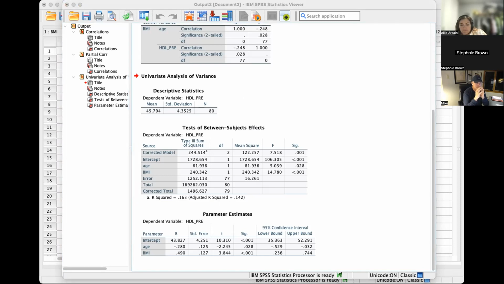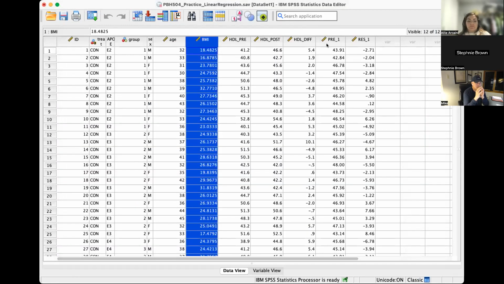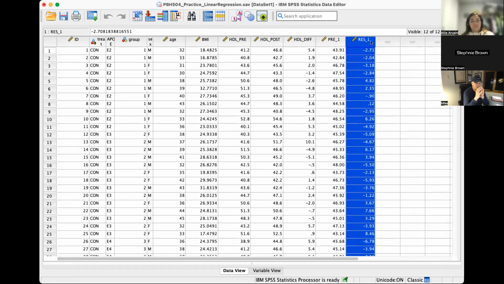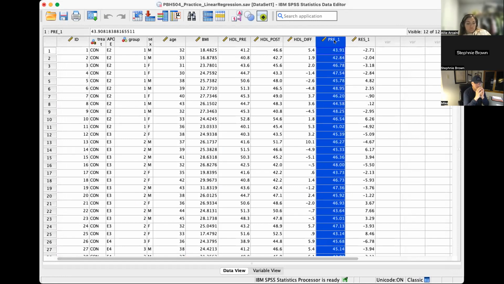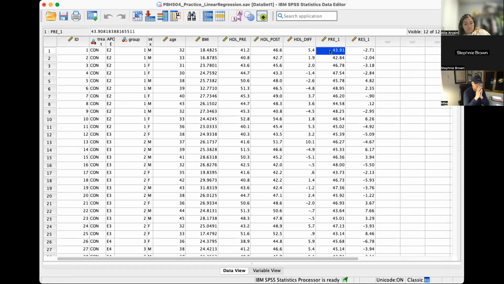So if I go back to my data set, I'm going to see two new columns, pre-1 and res1: pre for predicted values, and res for residual. So let's just talk about what these are for a second. This is literally the regression equation for this person one.